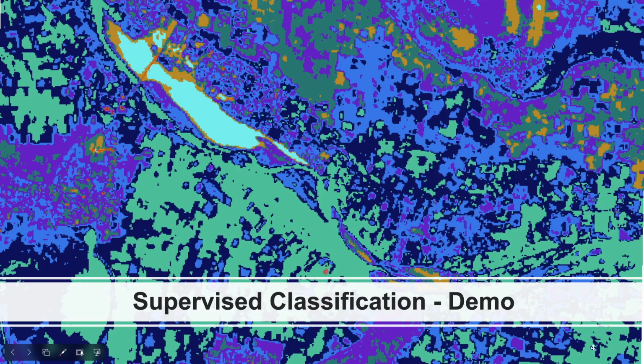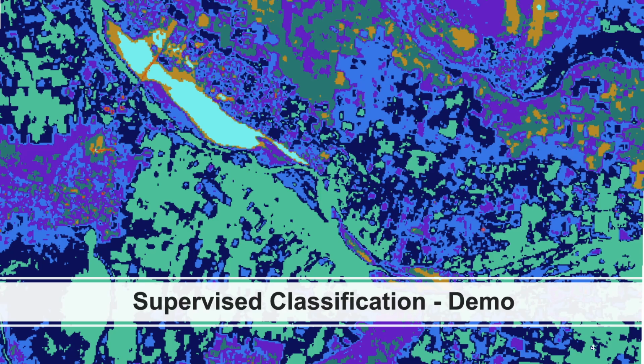So we'll start with the supervised classification. So to reiterate the theoretical part, in supervised classification, we need to have the training data. So we will collect the training data, then we will use the spectral signature of the training data in the classification algorithms to classify the remaining part of the area.